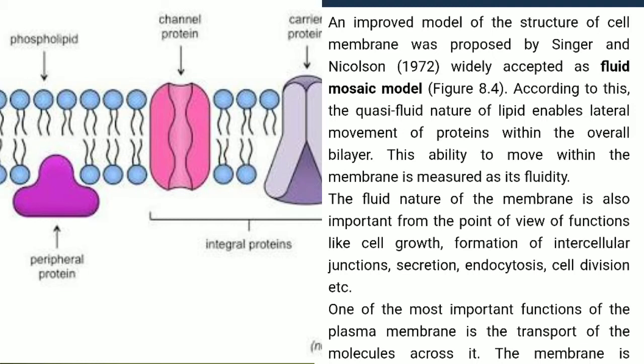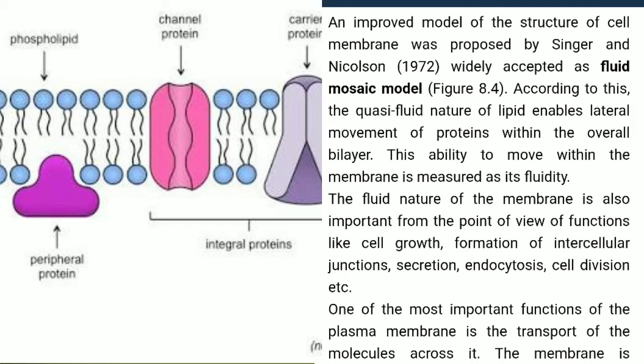One is the peripheral protein, which lies towards the surface of the cell membrane, that means outside the phospholipid layers on both sides. The other is the intrinsic or integral protein, which lies towards the inner side of the phospholipid bilayer. So basically this arrangement is what is called the fluid mosaic model.